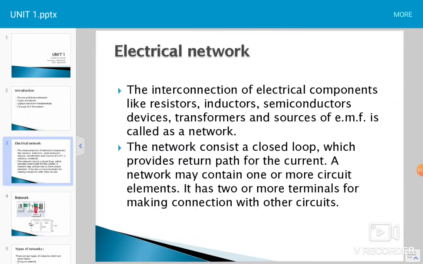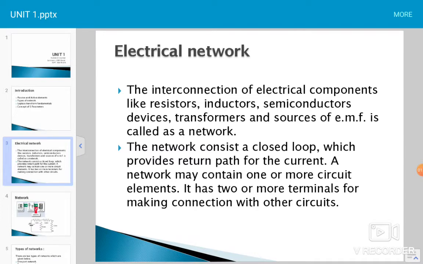They all get together to constitute the network, and it includes a closed loop, which provides a return path for a current. A network may contain one or more circuits. It has two or more terminals for making a connection with other circuits.